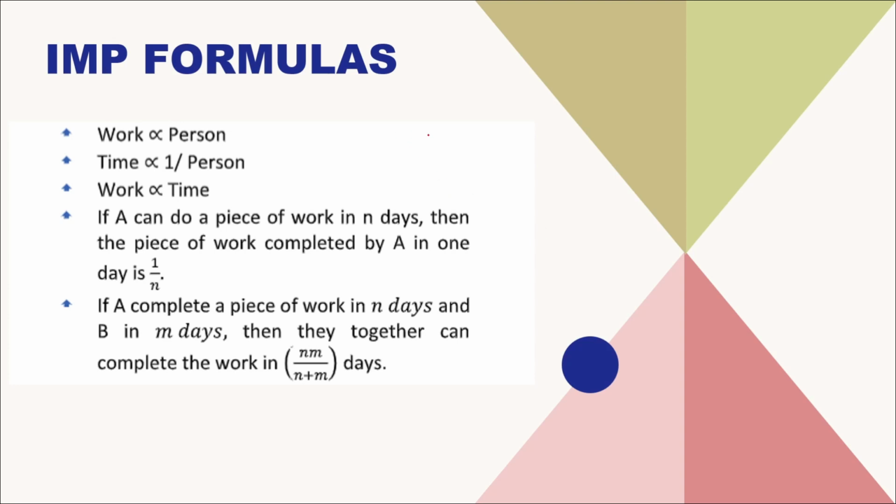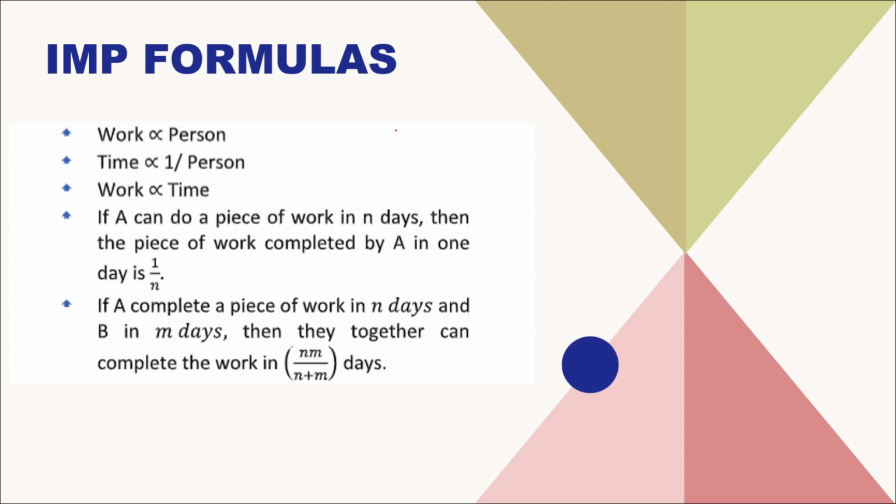Now, in your earlier classes you must have studied direct proportion and indirect proportion. Whenever we are talking about work, say some work is to be done, say they want to build a wall. If only one person has to build the wall, how much time is required?